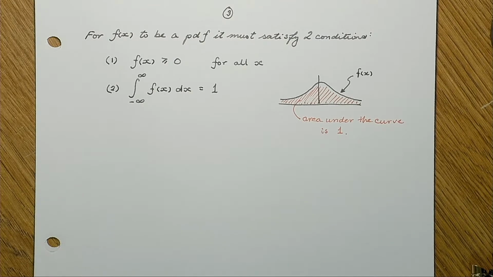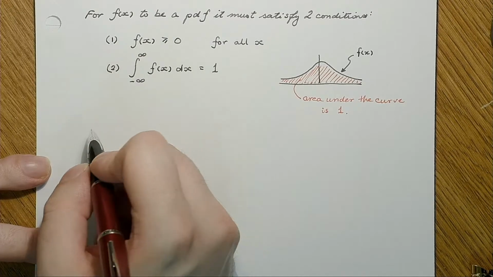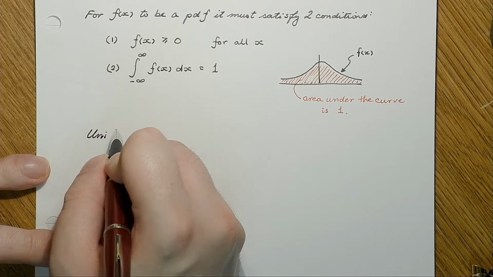So what we'll do now is let's use a uniform distribution as our first example.